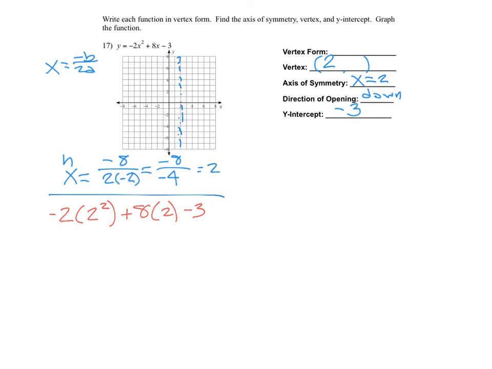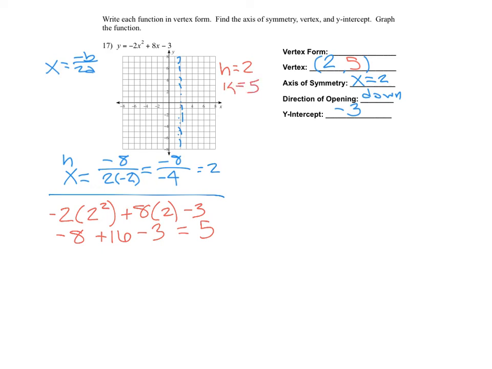So I have 4 times -2 will give me -8 plus 16 minus 3. All right, so this is going to leave me with 16 minus 8 is 8, minus 3 is 5. So that is the y of our vertex, or our k value. So h equals 2, k equals 5.